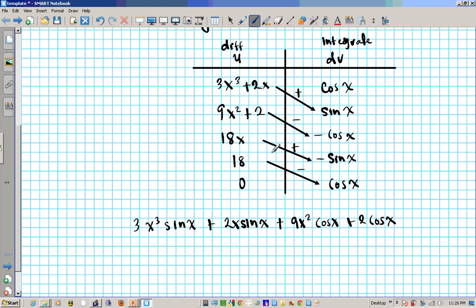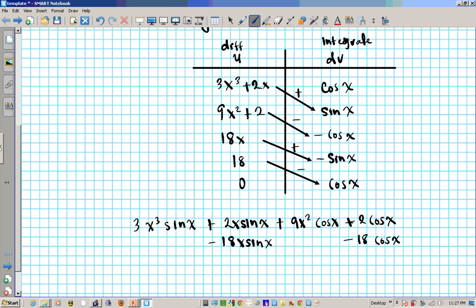And then the next one is going to be negative sine x, because plus times minus is a minus, times 18x, so negative 18x sine x, which I can put under here. Then this one is going to be negative 18 cosine x. I'm going to place that over here because it's a like term with this.